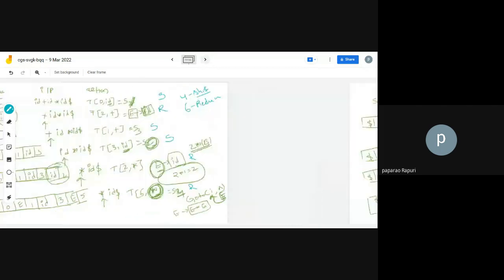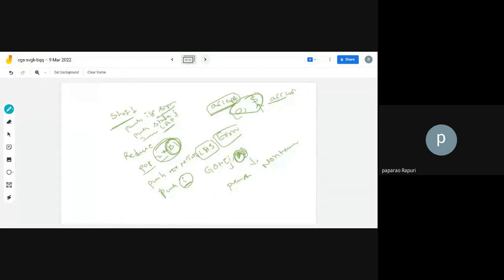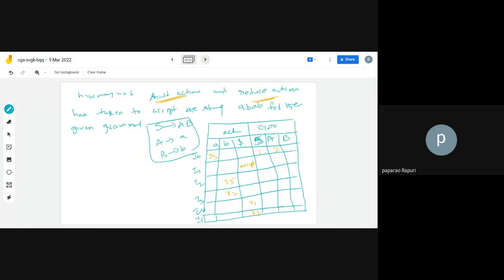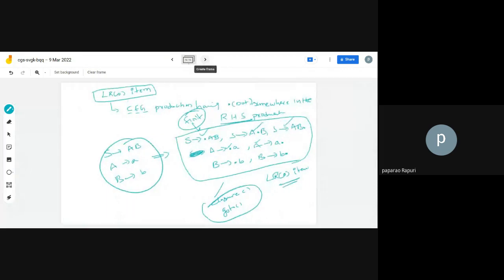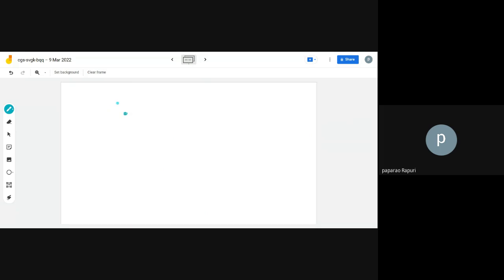So don't confuse. Okay. Now, sir, what is dot? We know LR0 items. LR0 items mean if any production on the right hand side is having a dot symbol, we can call that one an LR0 item. Sir, what is dot? Dot is a symbol.